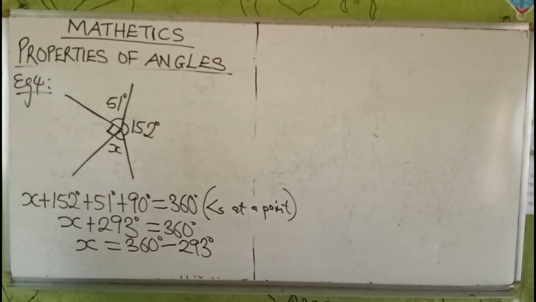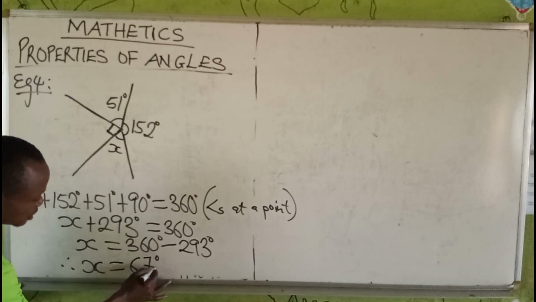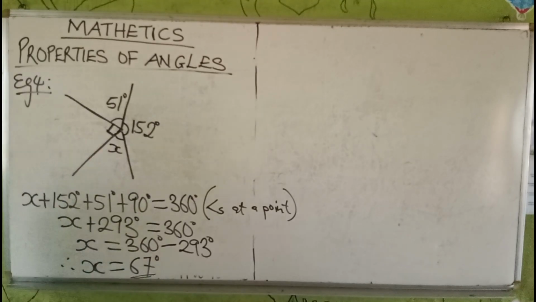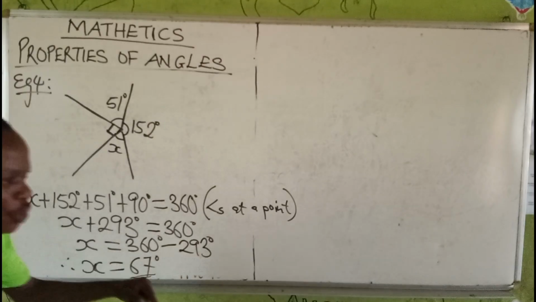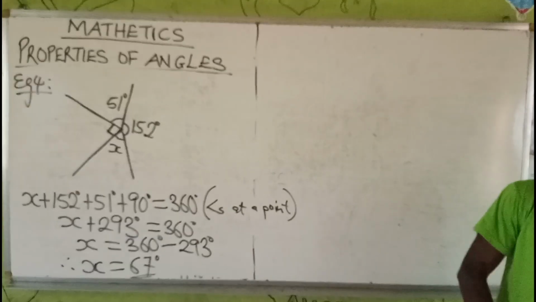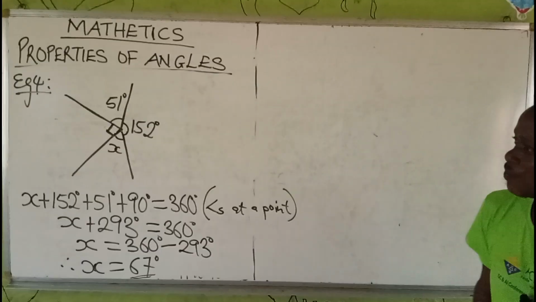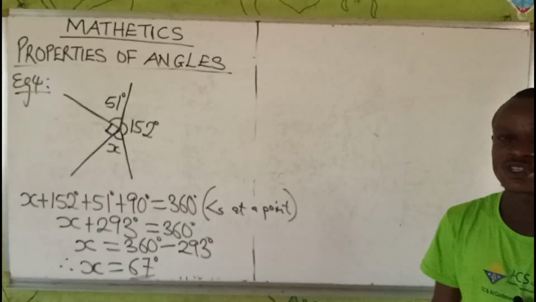And 293 subtracted from 360 will give us 67. That means our x is equal to 67 degrees. So this is the answer to x, 67 degrees. Just know which of the theorems can be applied for a particular question, and then you will get your answer correctly. Let's try another example.